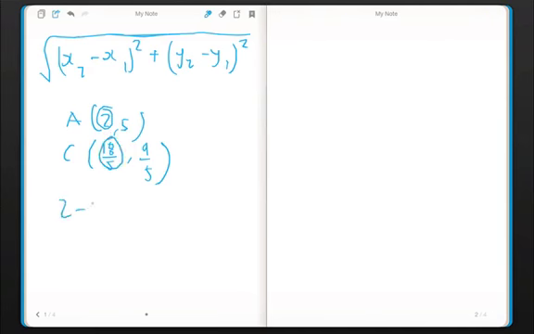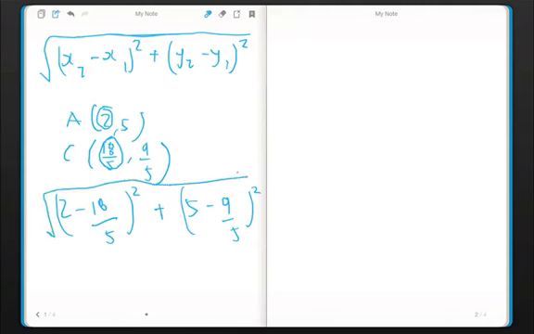So 2 minus 18 by 5, the whole squared, plus, if we take it in this order such that we take the A coordinate first and then the C coordinate, we have to do the same with the y's. So in this case, 5 minus 9 by 5, the whole squared, root of that.